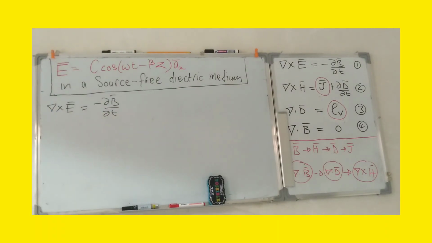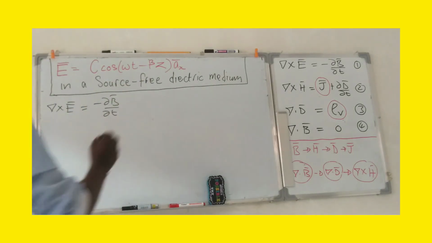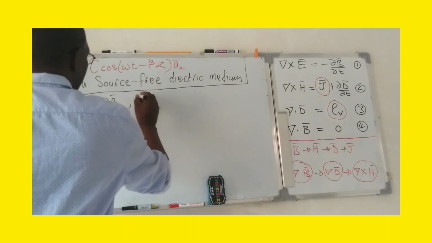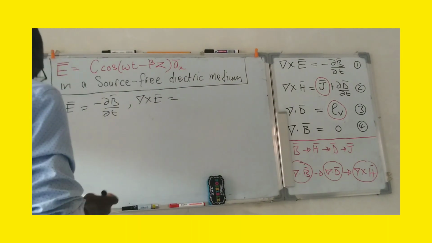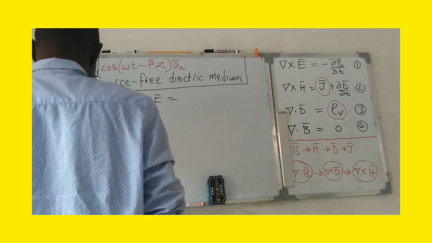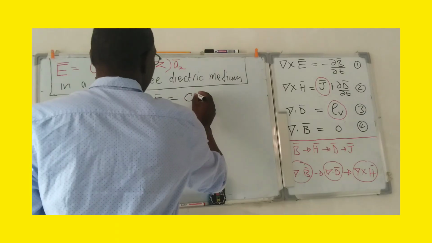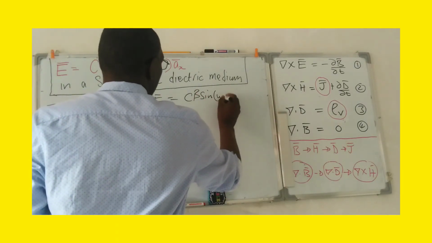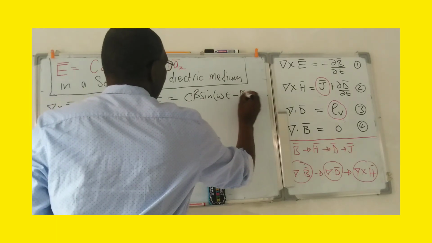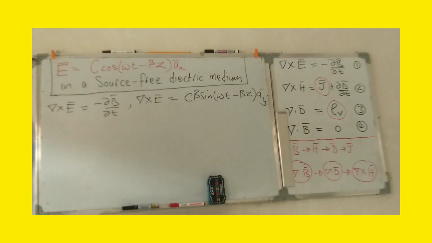Now, because our E has only got one component in the x direction, our curl of E is going to give us C beta sine of omega t minus beta z along the y direction.